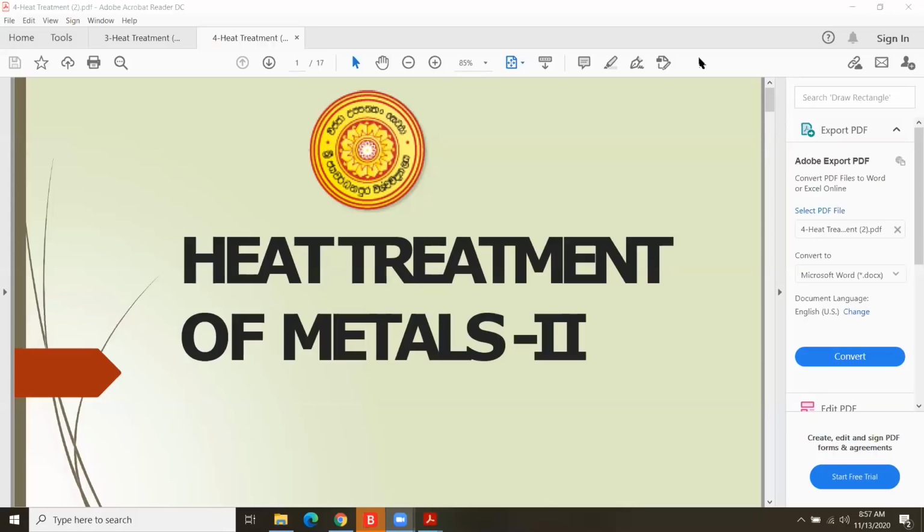Grain size means, as I discussed earlier, the internal structure has components, carbon, iron, likewise.